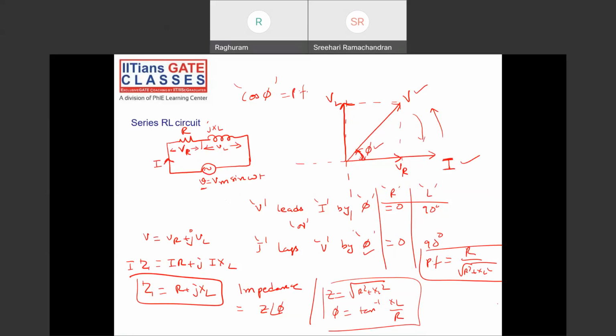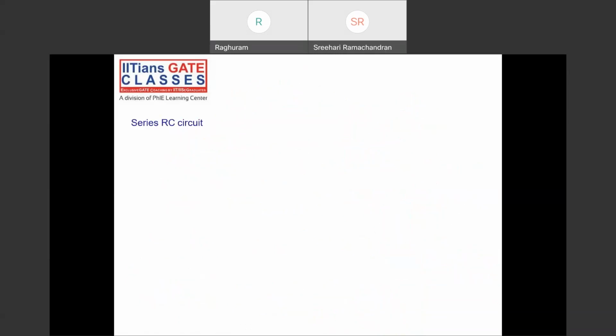You'll understand it when we deal with complex power. It's a factor of power, so it's called power factor, cos phi. Next, series RC circuit.